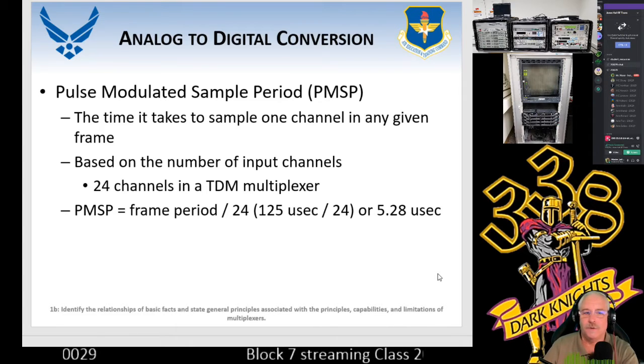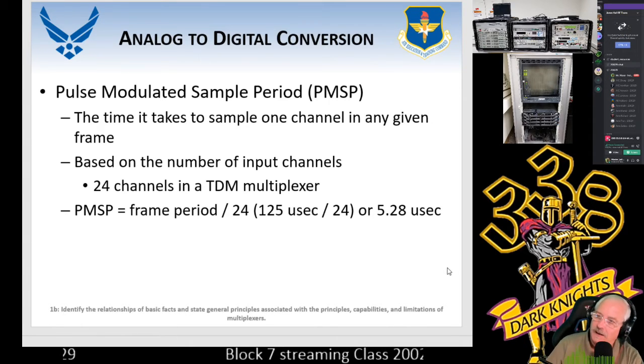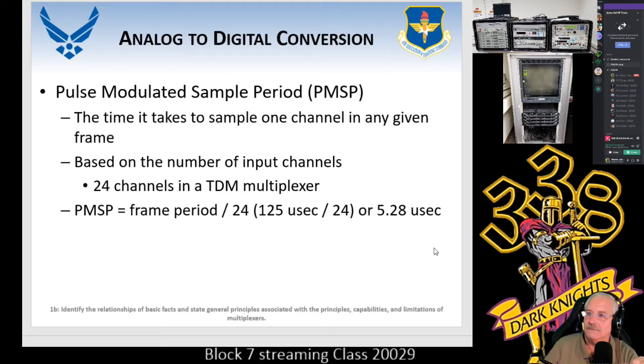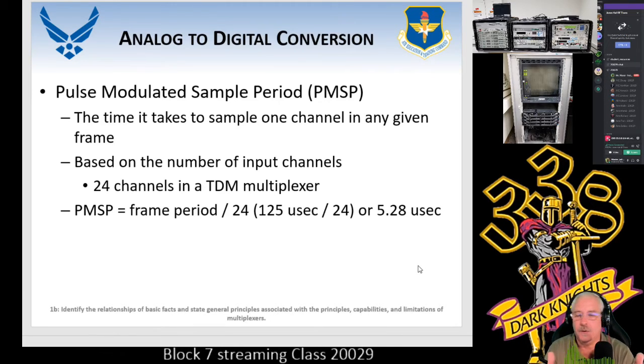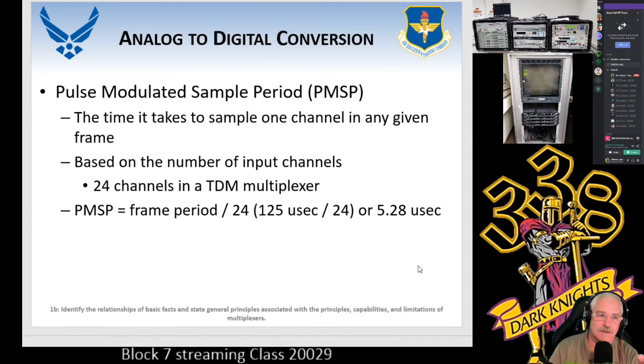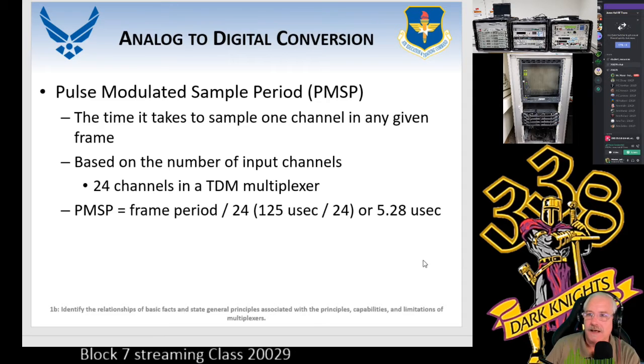So if you were to take 24 times 5.28, you'd probably get 125 microseconds. And the idea behind this is to give you an idea how quick this thing is and how to line up everything.